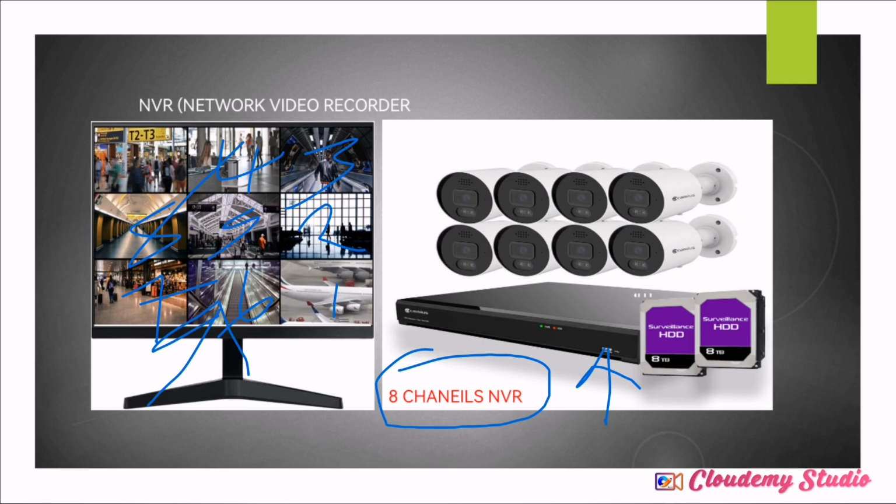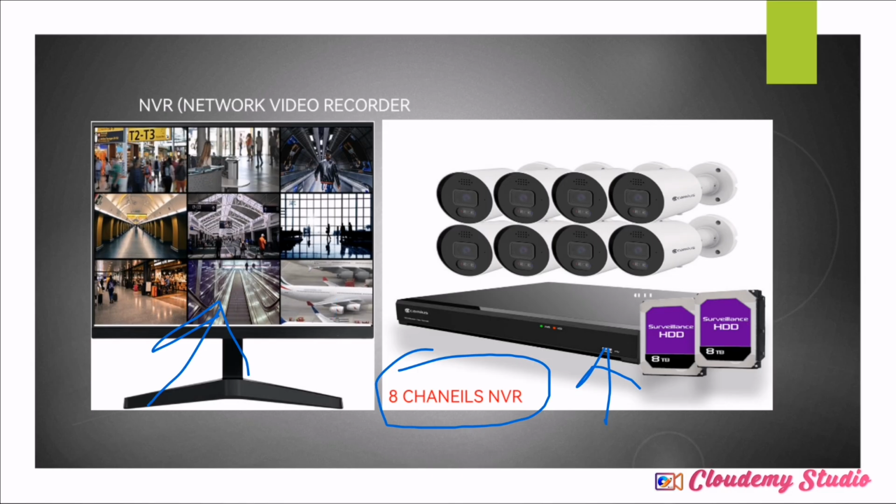It doesn't matter. It's not necessary every time to put in the full number of cameras. So here they have exceeded the number, meaning the type of NVR being used has 16 channels.